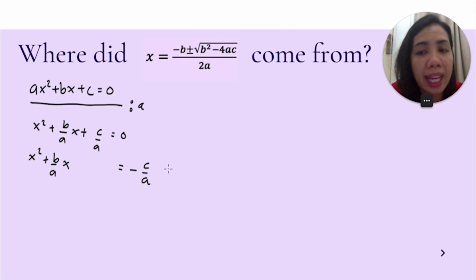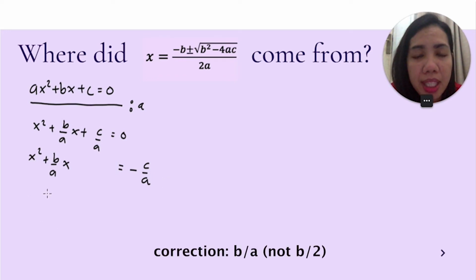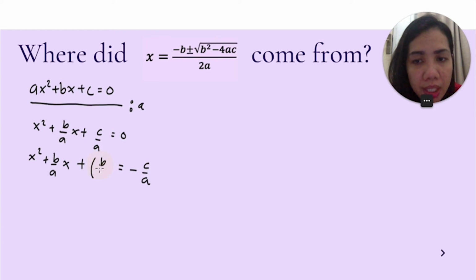So here b over a, half of that is b over 2a, and then we square it, and we add it to both sides. So here we also add b over 2a squared.